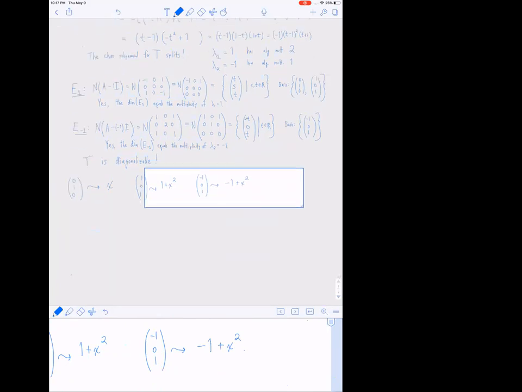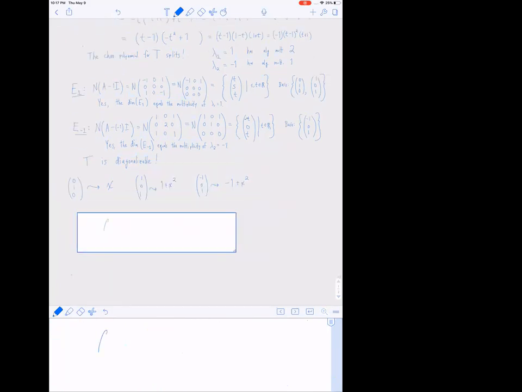But in any case, we now have a basis beta for V. It's the set containing the three vectors in our vector space of polynomials. The first is x, the second is 1 plus x squared, the last is -1 plus x squared.